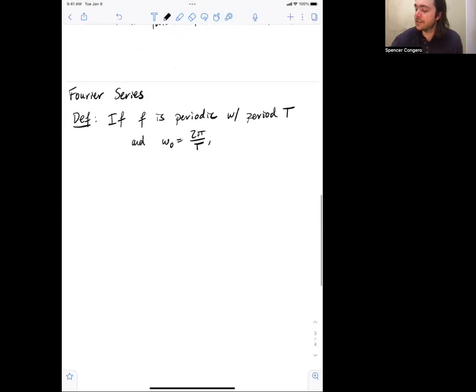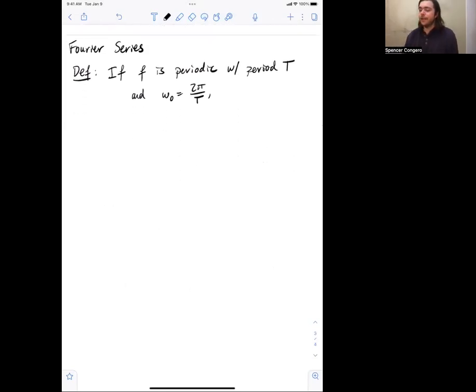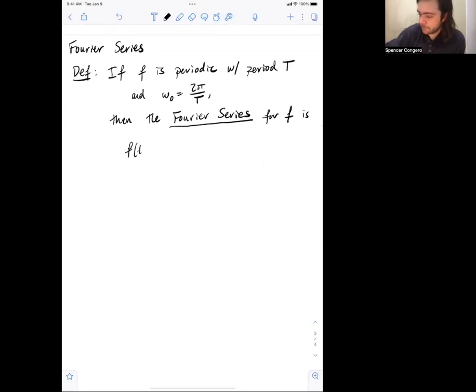Okay, great. So now let's go on to Fourier series. f is periodic, it's got period T, and it's got some fundamental frequency. Then the Fourier series for f is, and what is it? I'll write it down here, then we can talk about it.